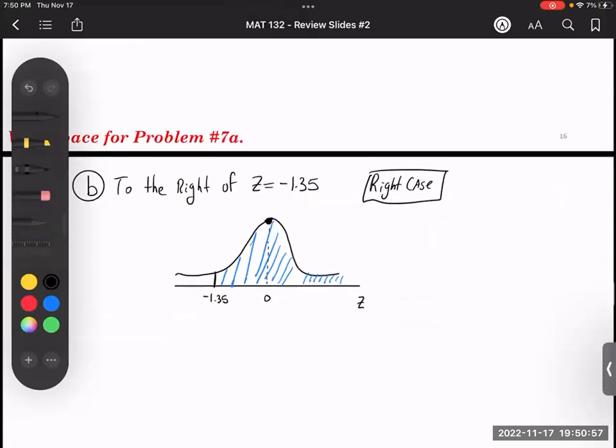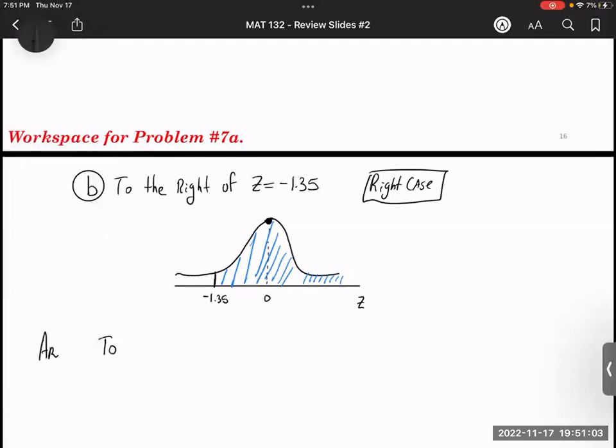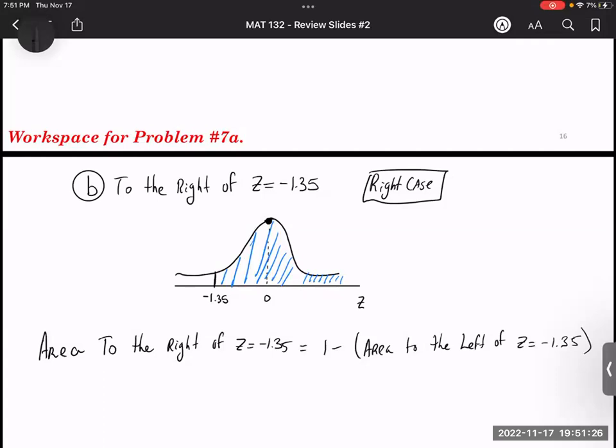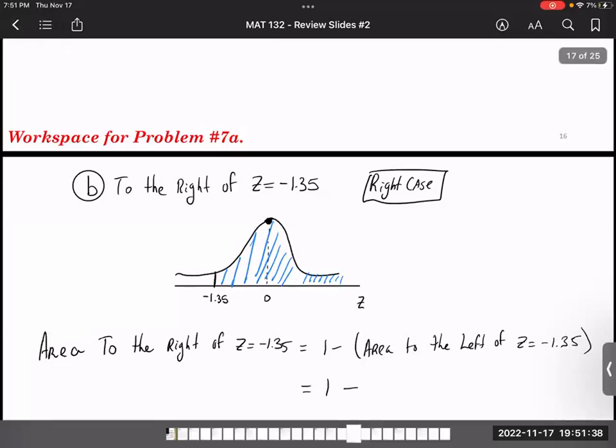In other words, the area to the right of z equals negative 1.35 is equal to 1 minus the area to the left of z equals negative 1.35. You would look at the negative z table, get that area, and then subtract it from 1. So I'm just going to pull up the table real quick to find z equals negative 1.35.